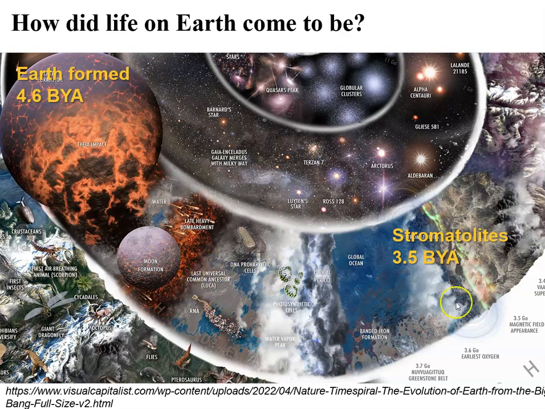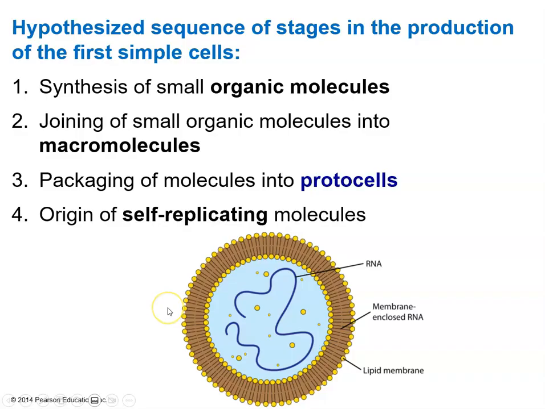We only have the first fossil evidence of the stromatolites 3.5 billion years ago, but of course it's thought that the stromatolites would have evolved from earlier, more primitive life forms, and we only have hypotheses for how this occurred, for how Earth went from having no life to having the molecules and the ingredients necessary for life to start existing. So we're now going to be looking at the hypotheses for how the first simple cells came to be on Earth.